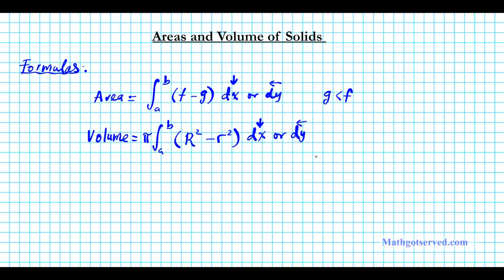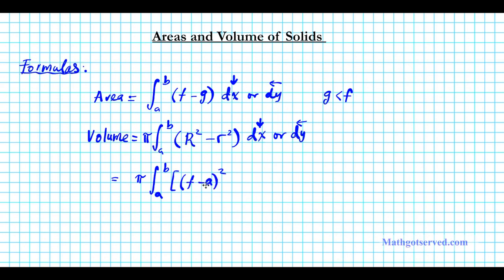Now there are two scenarios here depending on the orientation of your axis of rotation. So let's take a look at the two cases. The first one, pi times the integral from a to b. If you're looking at a top-down or left-right orientation, if the axis of rotation, a, is less than the two functions, we're going to have the function on the top or to the right minus your axis of rotation, squared.